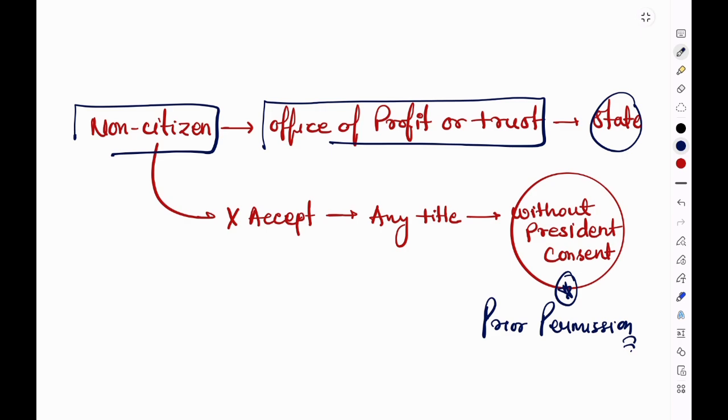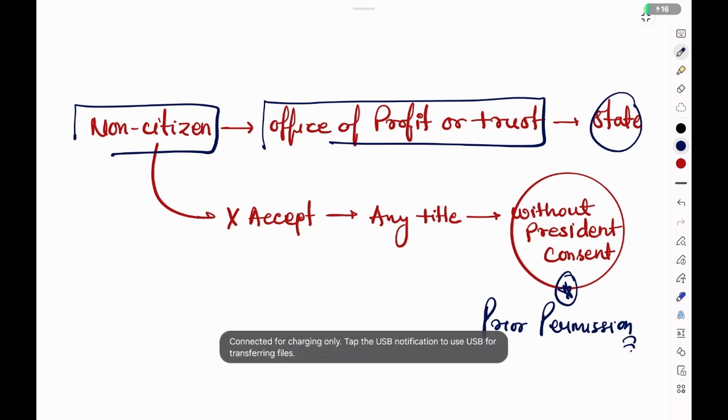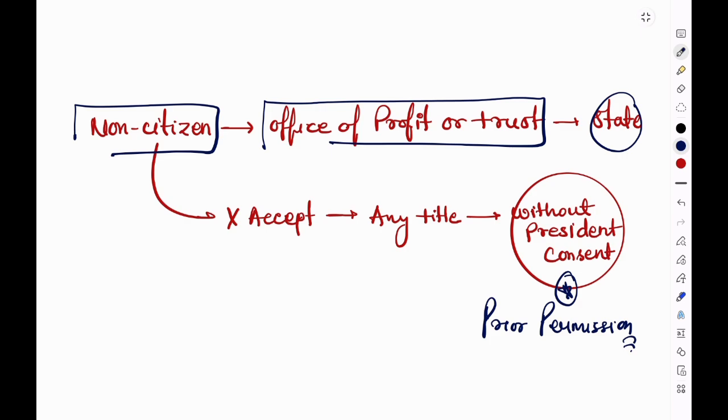So basically the effect here is that if a foreign state offers titles to any non-citizen who is in the service of the government of India or holds an office of profit or trust under the state, then the President's consent must be sought, and if the consent is granted, then the acceptance of the title is valid. If the consent is denied, then you cannot accept the titles.